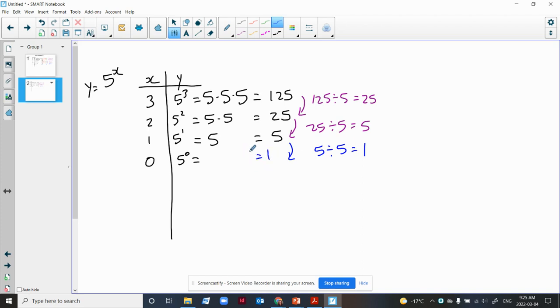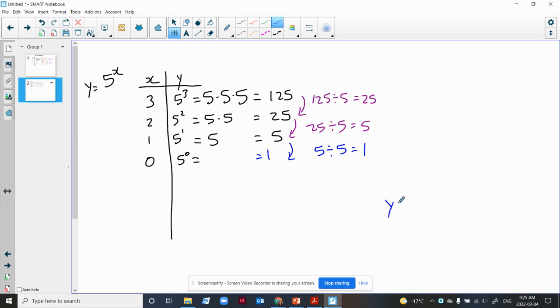So it doesn't matter what our base is, we're always going to end up dividing by itself, because that common constant ratio is the base number. And so we always end up dividing by itself to figure out what the base to 0 is. So it's always going to equal 1.